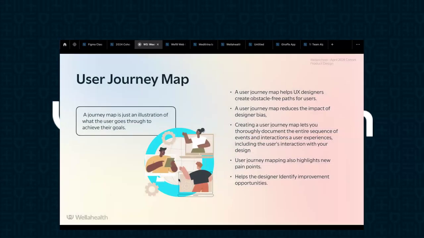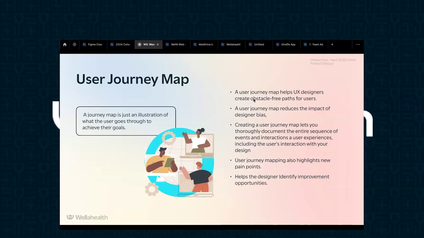Now, after that, you have to create a user journey map, right? A user journey map is an illustration of what the user goes through in life in order to solve the problem that they're trying to solve. So, what the user goes through, the processes that they pass through in order to solve the problem that they want to solve, right?